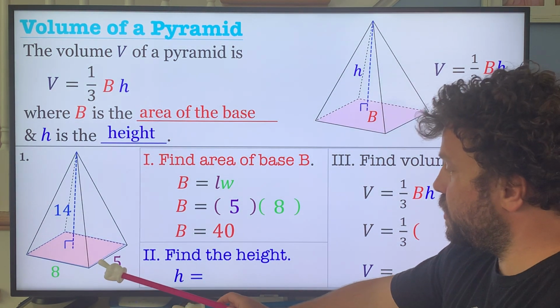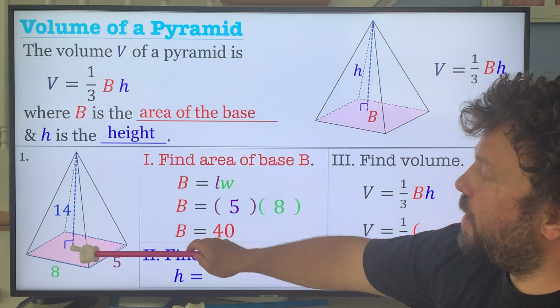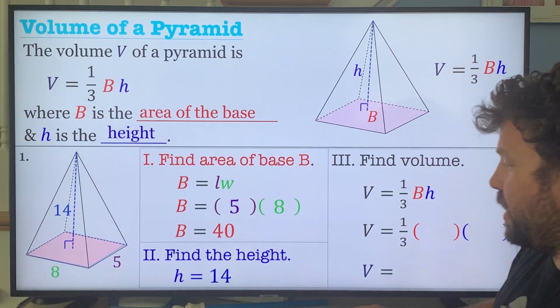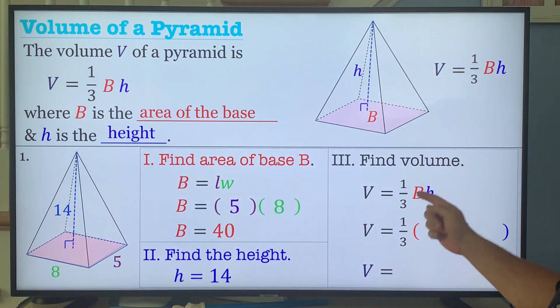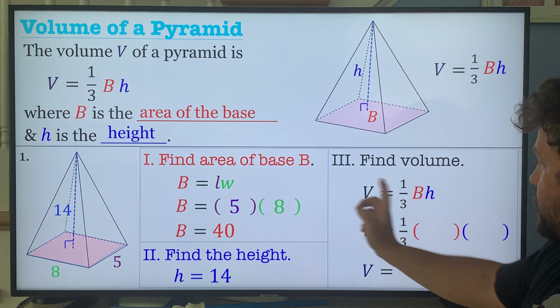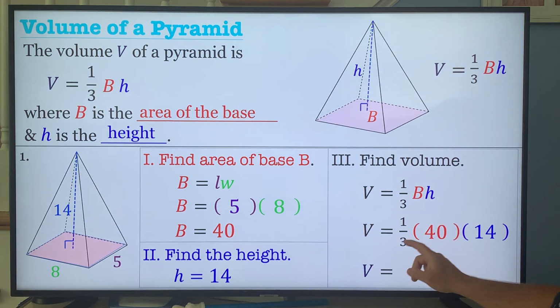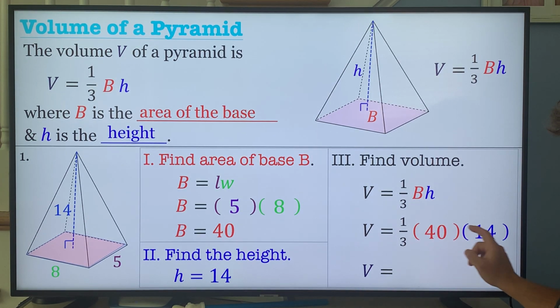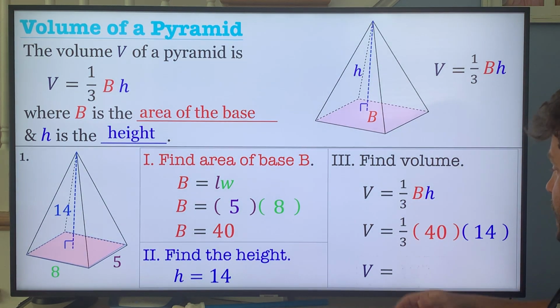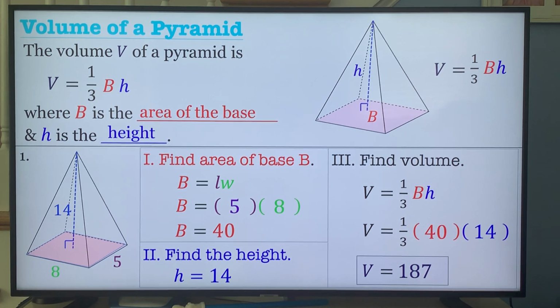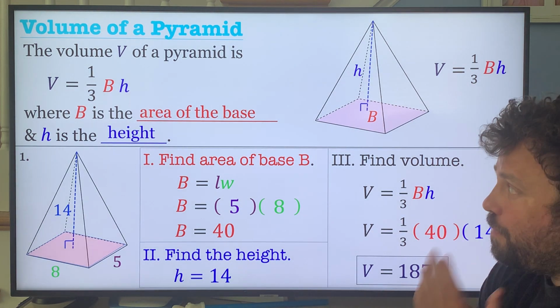What's the height? Right angle, dashed line, middle, height is 14. Find the volume: 1/3 of base, which is 40, times height, which is 14, is 187 cubic units. I didn't put a unit here because there is none given in this problem.